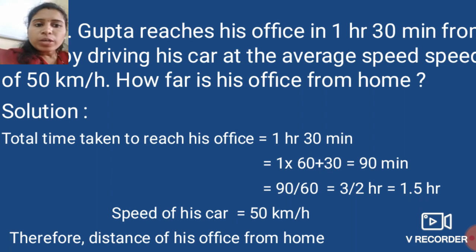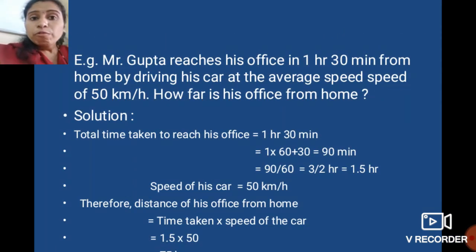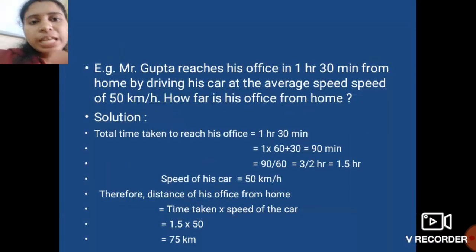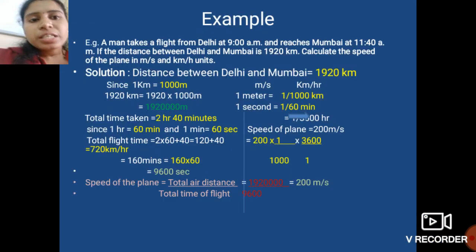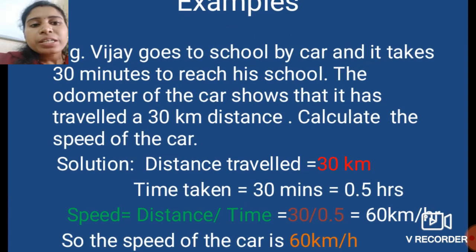Okay, and what is the speed of the car? The speed of the car is given over here as 50 kilometer per hour. So we have to calculate the distance of his office from home. How can we calculate? We know that the formula for speed is distance upon time.